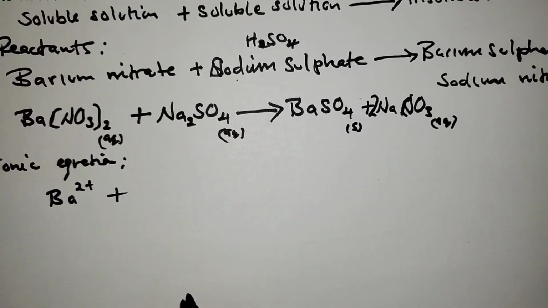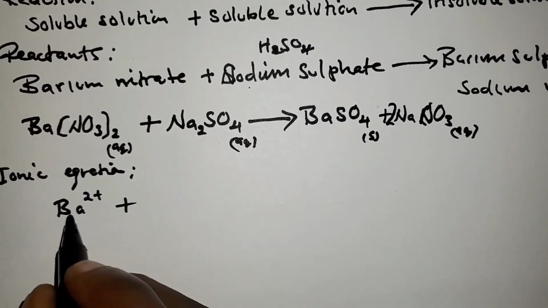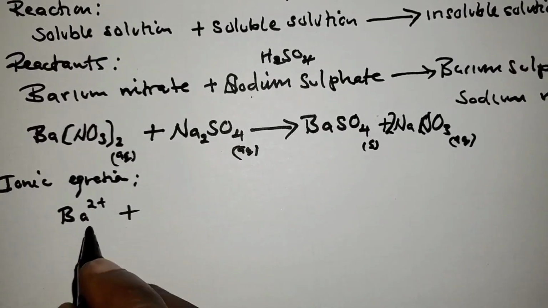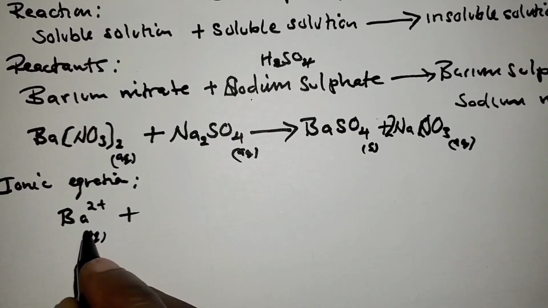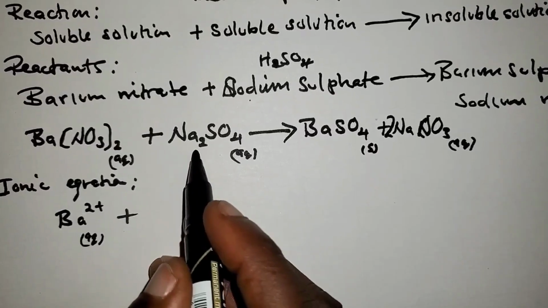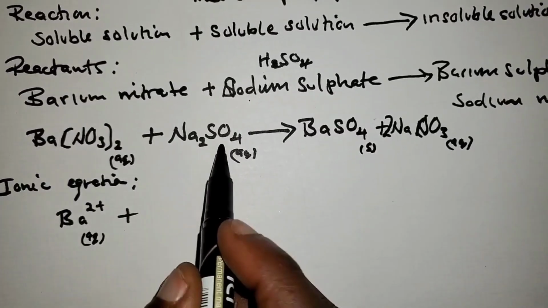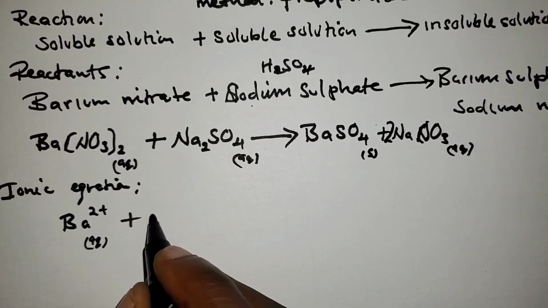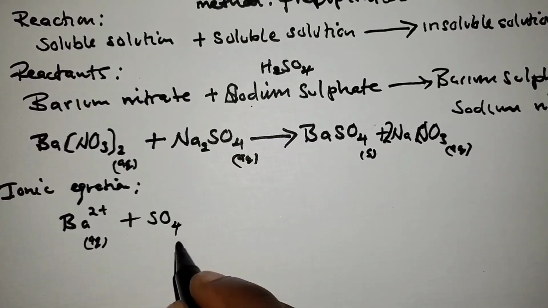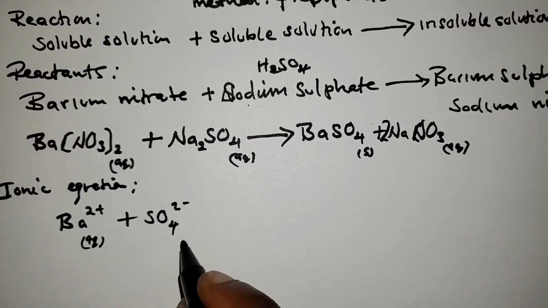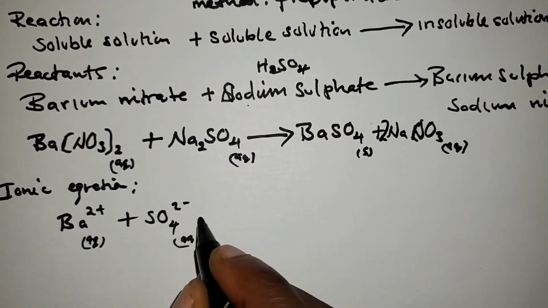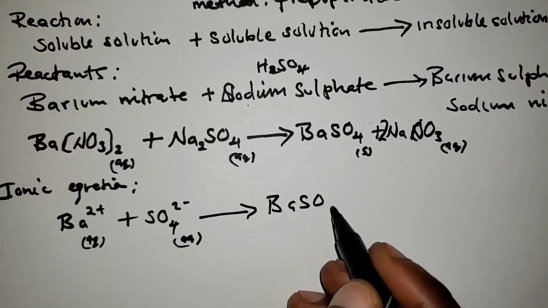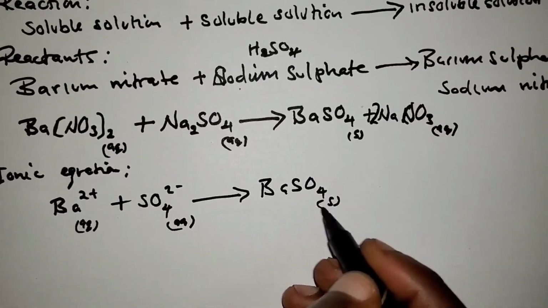We can proceed. So barium has a valence of 2, which is in aqueous form, barium nitrate. Then also we are using barium and sulfate to come up with barium sulfate. So this one is going to be SO4 2 minus, which is aqueous, to form barium sulfate, which is a solid.